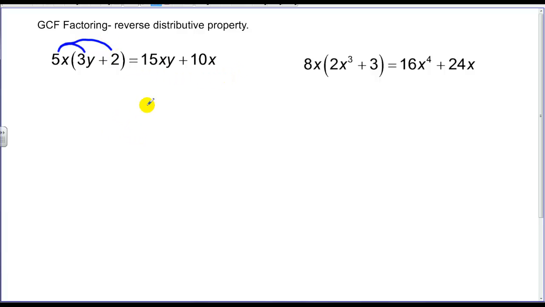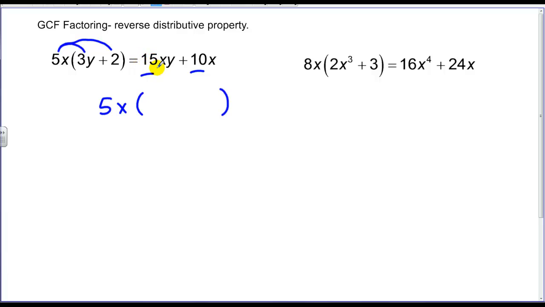Well, since we just got done talking about greatest common factors, if I look at that 15 and 10, the greatest factor that goes into both of those is a 5, and then there's an x in common.